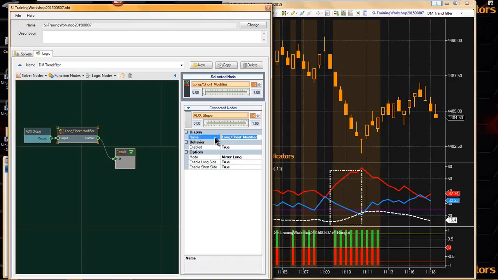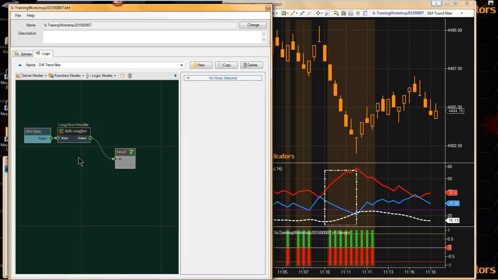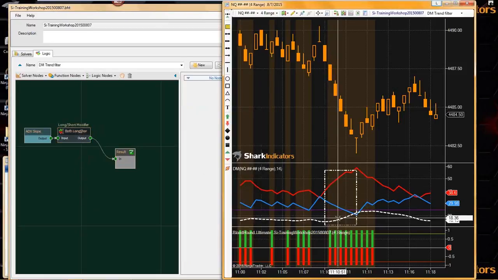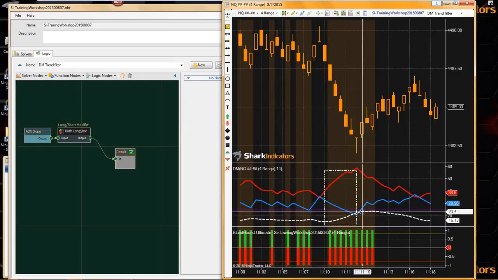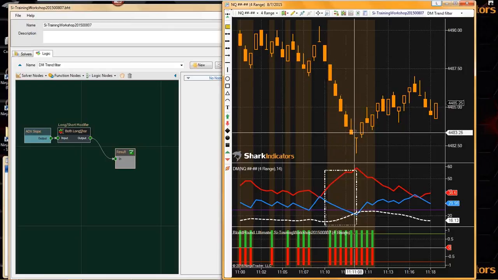There we go. So really this is giving us both a long and a short. There is our identification that the ADX is sloping up, which tells us that we're definitely in a good trend move when the ADX is sloping up.